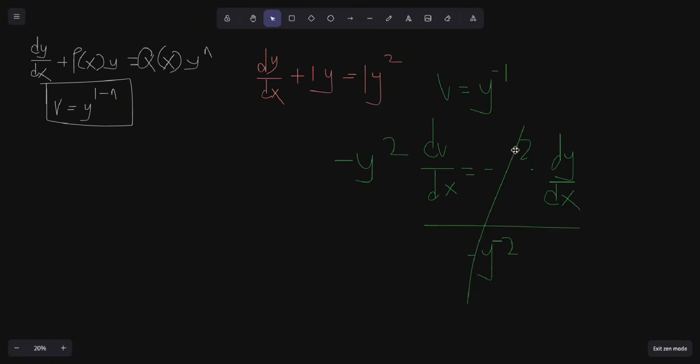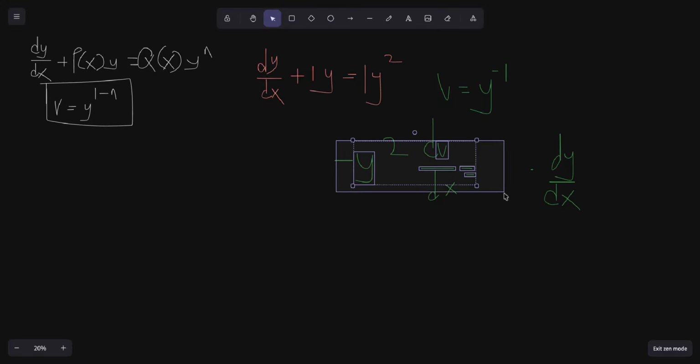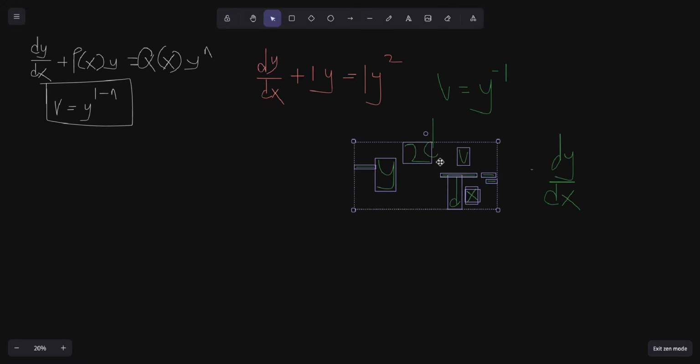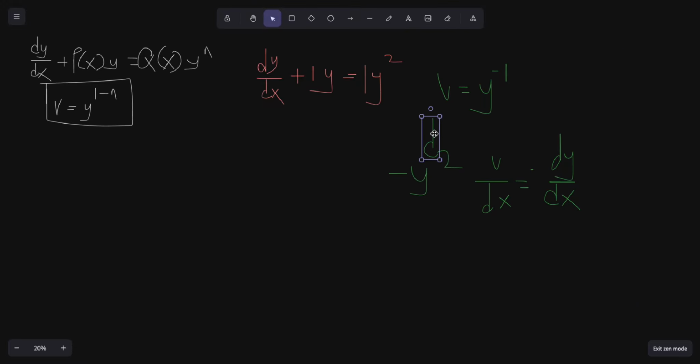So let me just get rid of all of this. That is the equation that basically remains. I wish this whiteboard would select everything. Okay, let's just substitute everything in here. So I have negative y squared dv/dx plus y is equal to y squared.